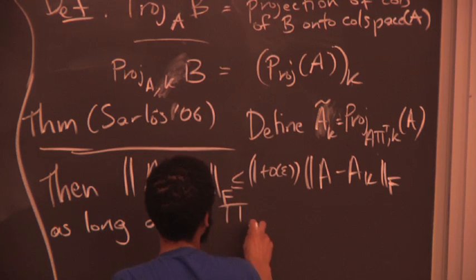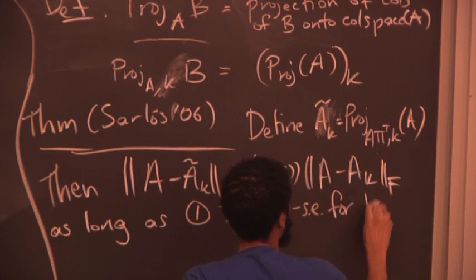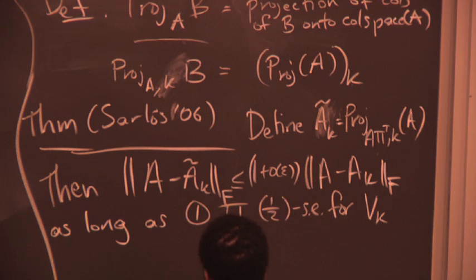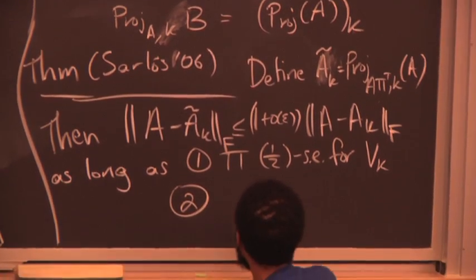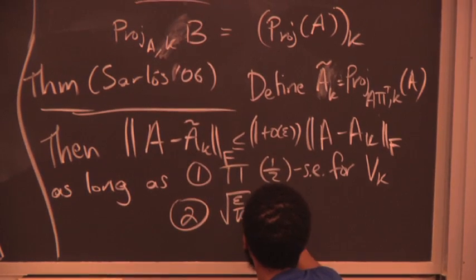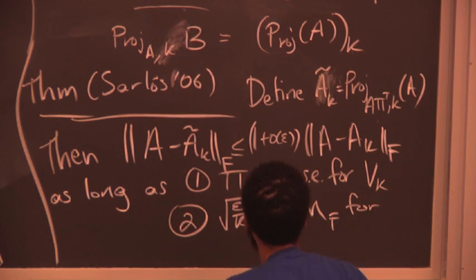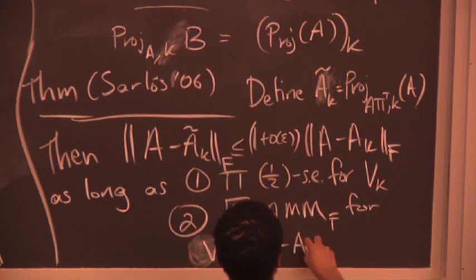So first of all, pi should be a 1/2 subspace embedding for the column space of V_k transpose, or for the column space of V_k, I guess. And 2, we should have square root of epsilon over k approximate matrix multiplication under Frobenius norm for pi, basically for V_k transpose and A minus A_k.